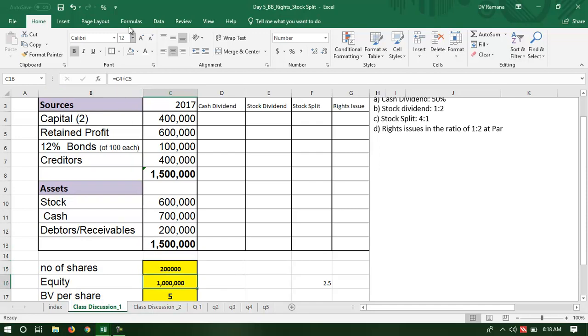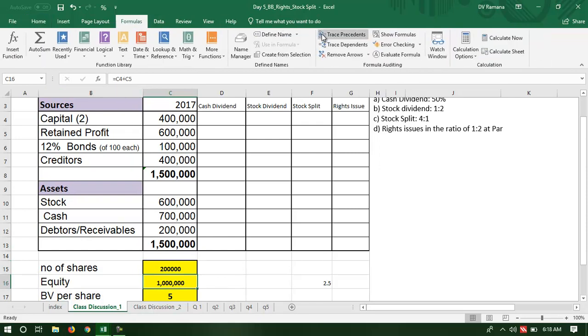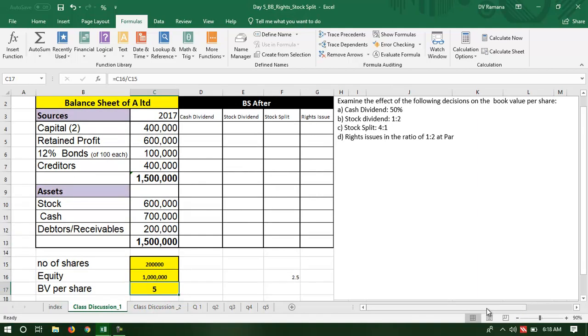Equity of the company is 200,000 plus the retained profit. So retained profit is 600,000. So the book value per share is the equity divided by number of shares. So at present, the book value per share of the company is 5.